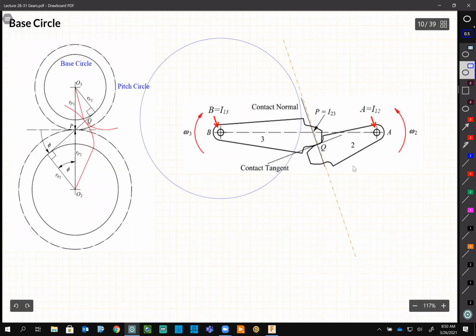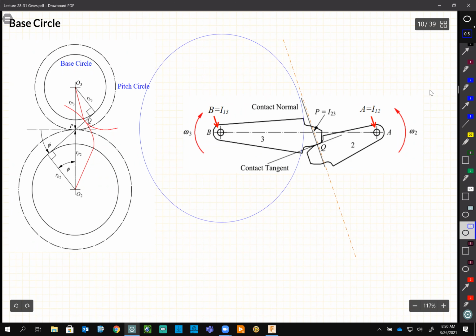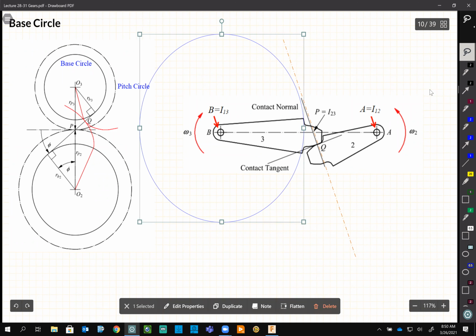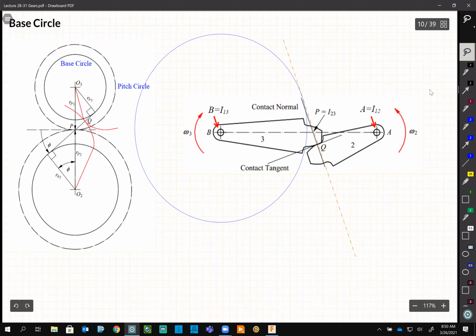So one circle, maybe that one. Okay, almost. So the circle center is at point B, and it is tangent to this normal line. And another circle for the other one, again tangent to this line.